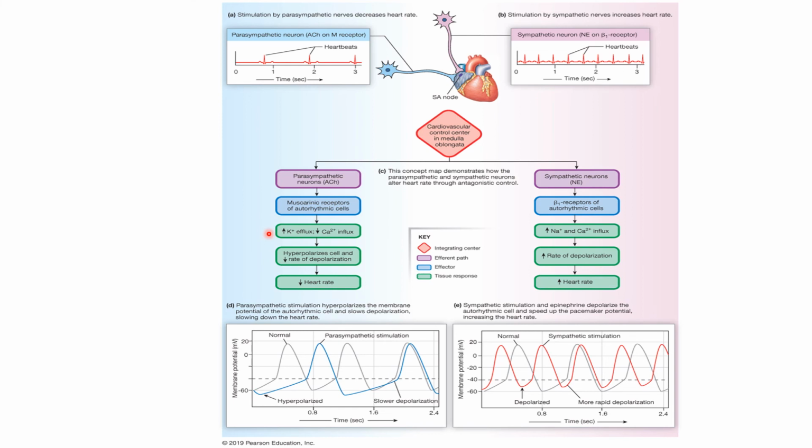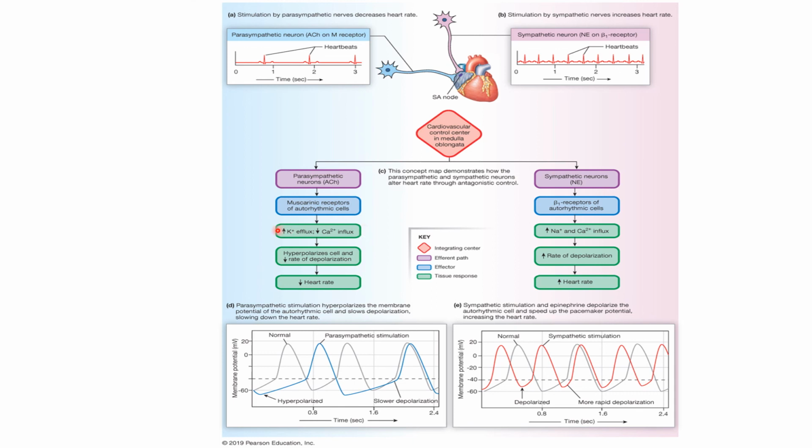As I said, it's going to bind to certain receptors on your autorhythmic cells, and it's going to increase the potassium permeability. That means it's going to increase the amount of potassium leaving your cell, and it's going to decrease the calcium influx. So basically, it's decreasing how much calcium is entering the cell. Let's think about it.